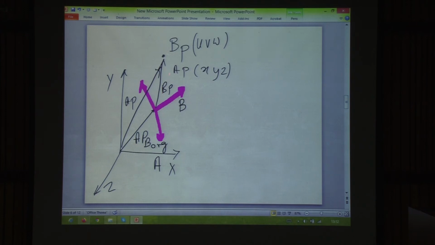This is BP, so point P expressed in B is this vector. So we have this plus that is equal to that from the vector diagram, right? So I can write it as AP is equal to APB ORG plus BP, in terms of vectors.